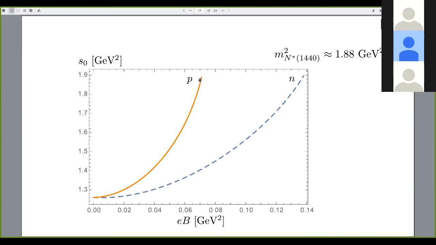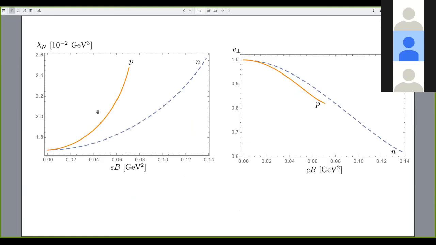For example, protons and neutrons behave differently as expected, and the limit will be about 1.9 GeV squared, because after that there's the appearance of the nucleon 1.4 GeV. It's about 1.88 GeV squared. So this is our limit. Okay.